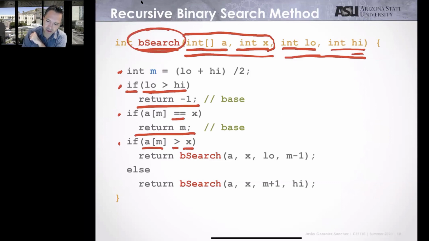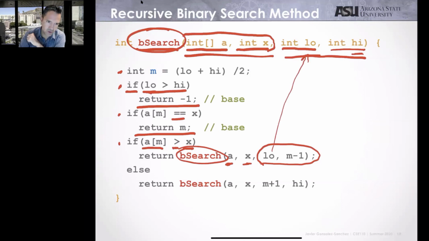Call the method again, and now send as a parameter the same array, the same element that you are searching for, but the new low is going to be the same one that you received, but the new high is going to be m minus 1. Oh, you know what?